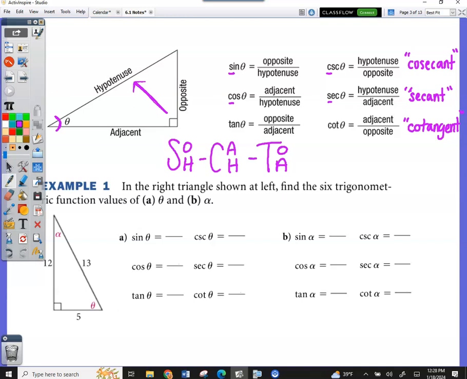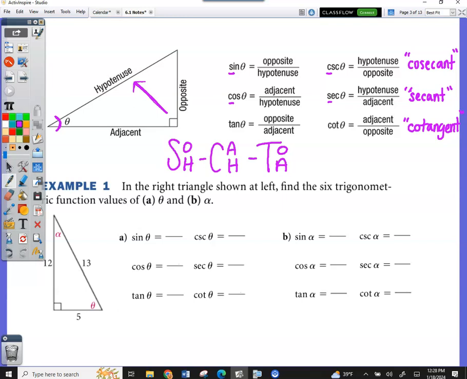So you do have to be careful. All 6 of these are theta, all 6 of these are alpha. Guys, if you find the sine, cosine, tangent, then the reciprocal functions is just the flipped fraction, right? So you should only have to think for 3 of them. And then the other 3, hopefully you got those right, and then you just flip them.